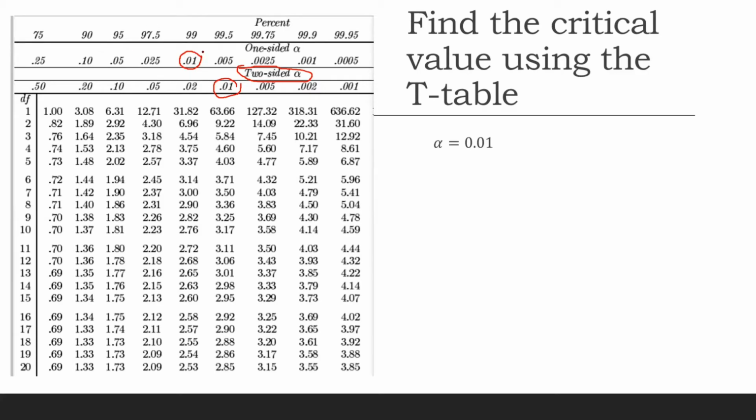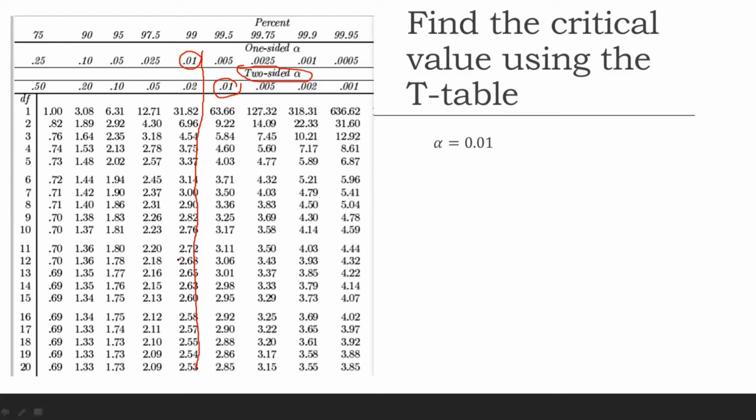So eto po yung one-tailed natin. So ibang column po siya. Kaya kung dito po tayo titingin, mali na po yung makukuha nating critical value. So dapat po tama yung titignan nating critical value.